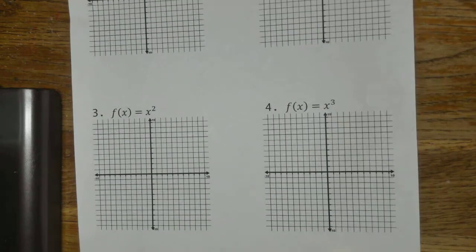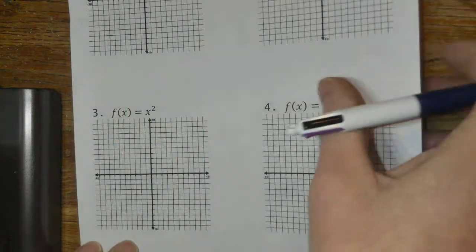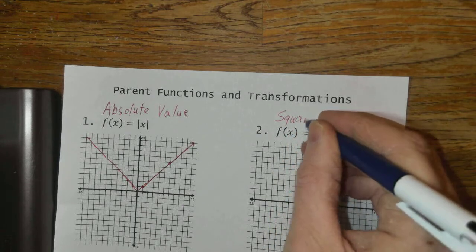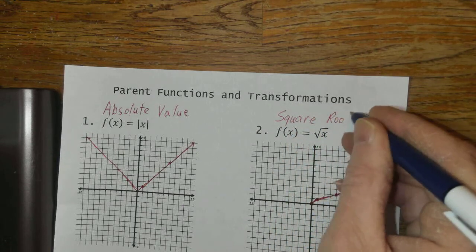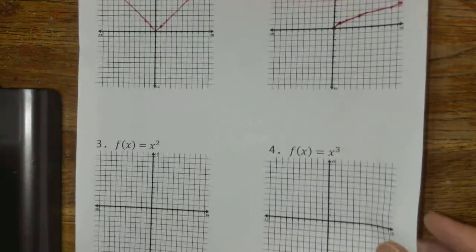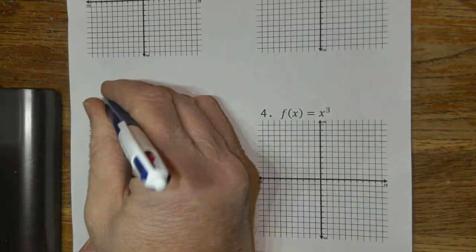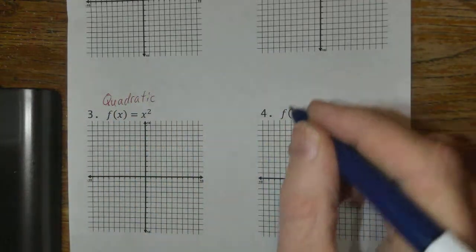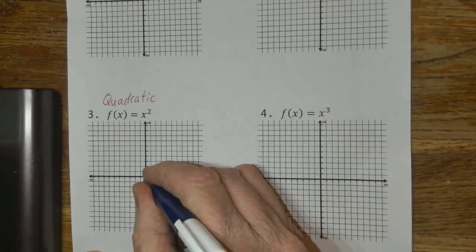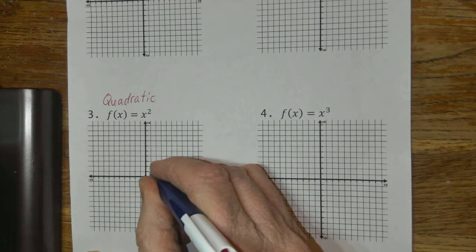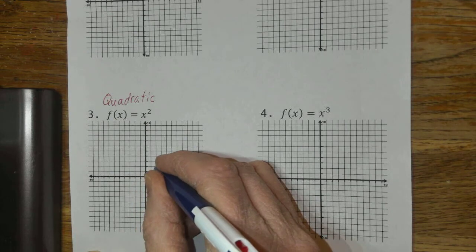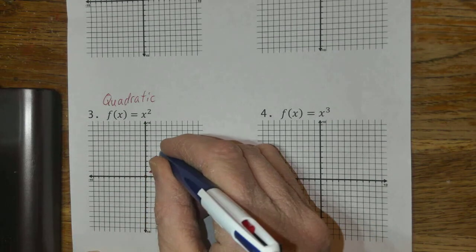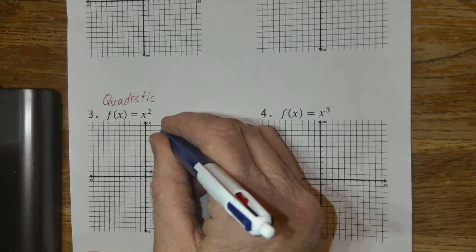Quadratic. Oh, this is the parent square root function. All right, this is the quadratic. All right, 0 squared is 0, 1 squared is 1, 2 squared is 4, 3 squared is 9.